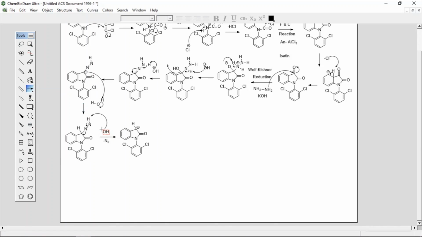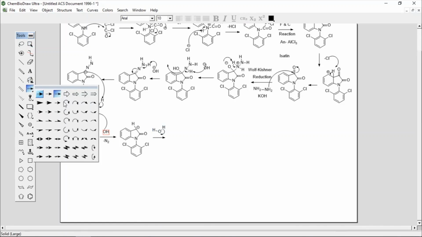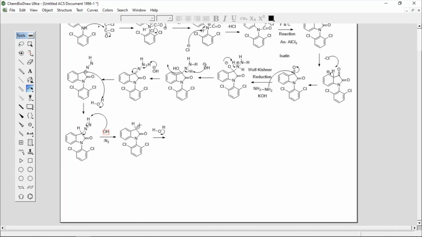So this carbanion takes a proton from that water molecule, one hydrogen from that water molecule. So this is your carbanion, and this carbanion takes this hydrogen and converts to CH2.